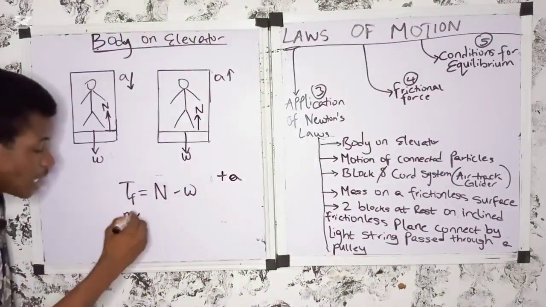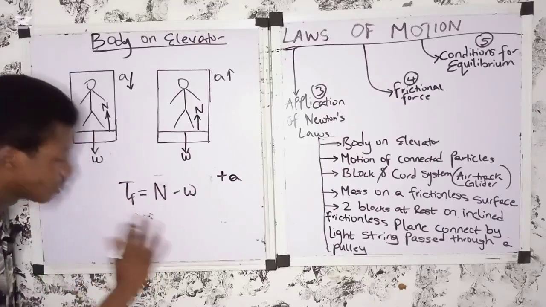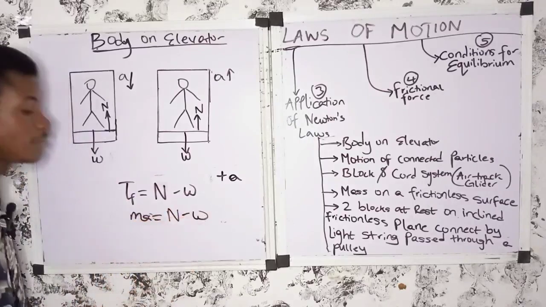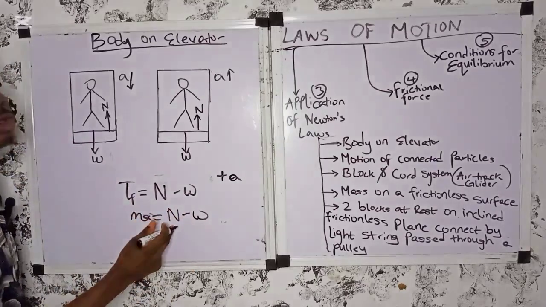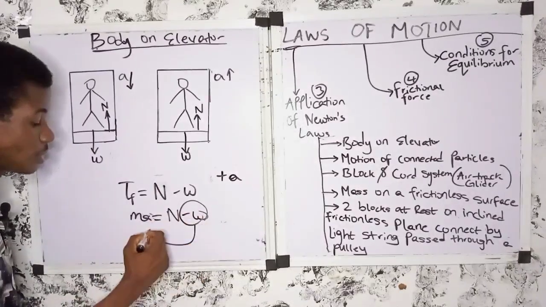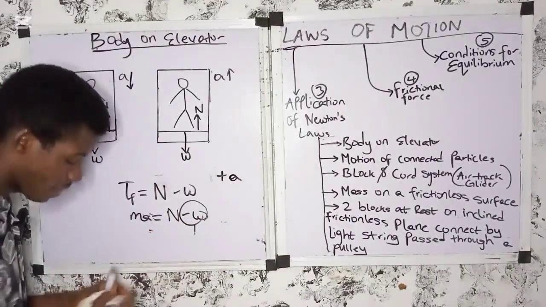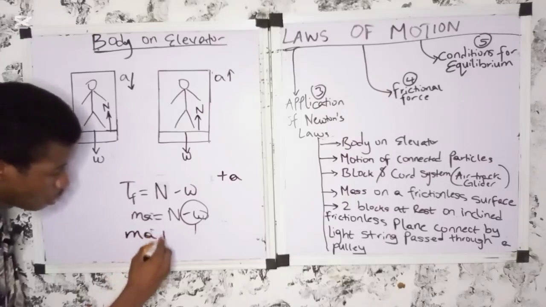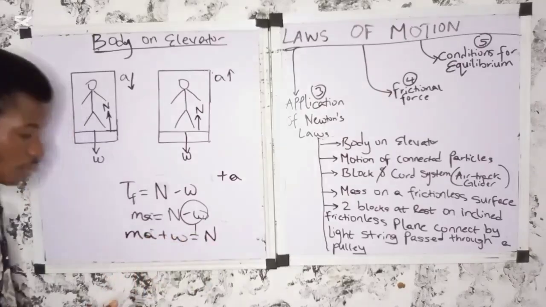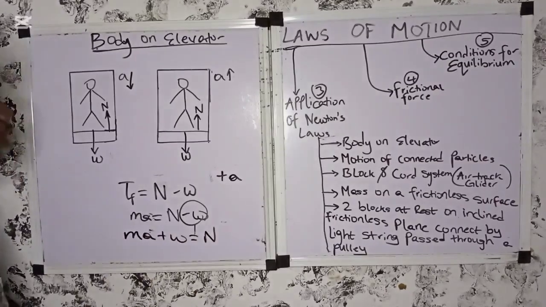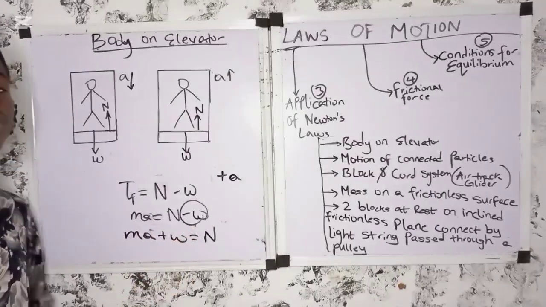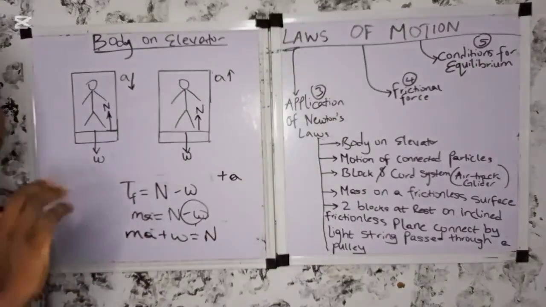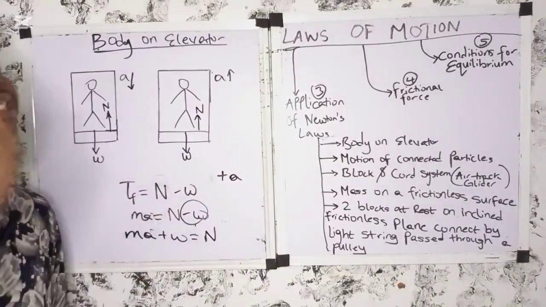It will be m times positive a, which is ma, equals N minus W. Now if you make the normal reactional force stand alone, taking W to the other side, we have ma plus W equals N. So during this scenario, when the elevator is moving upward, the scale will read a weight greater than the true weight.